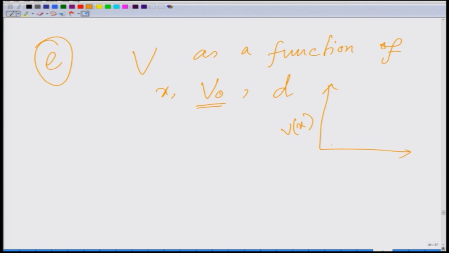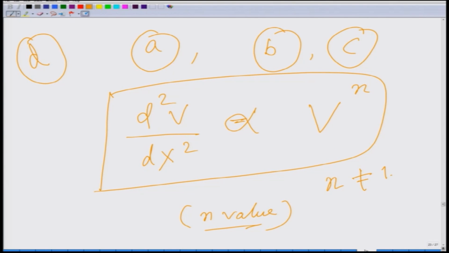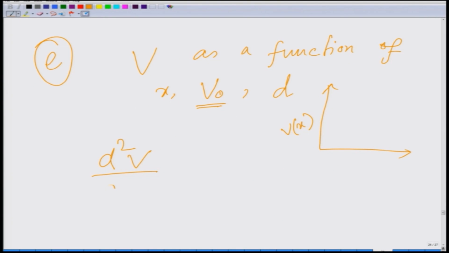And how will you do it? To solve this equation, whatever you obtained in D, where you have to find out what is this number n, you have something like this, right. So, if it is proportional to V to the power n, then it should be equal to some constant times V to the power n.